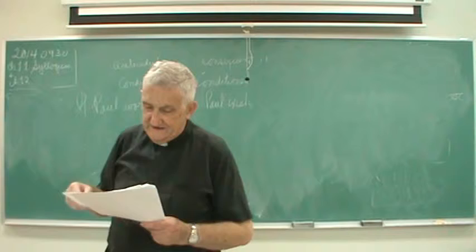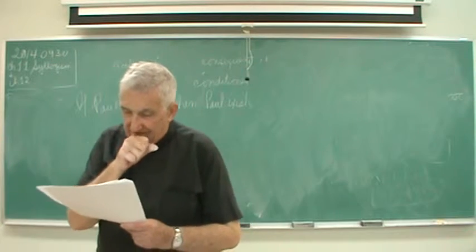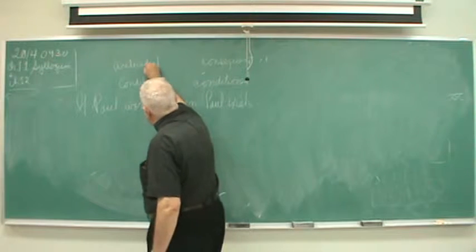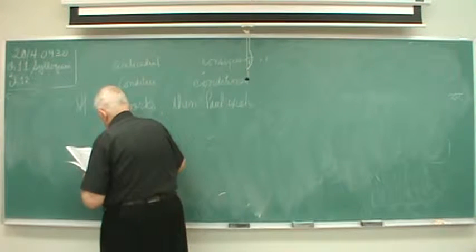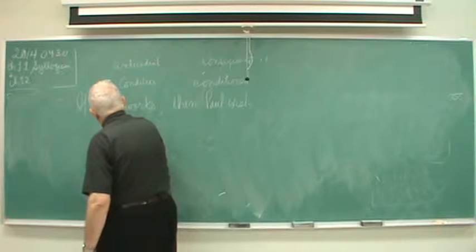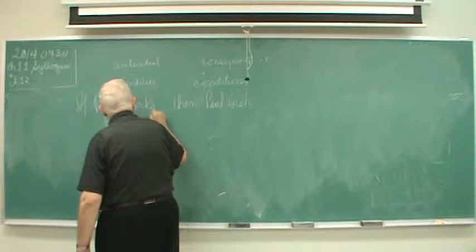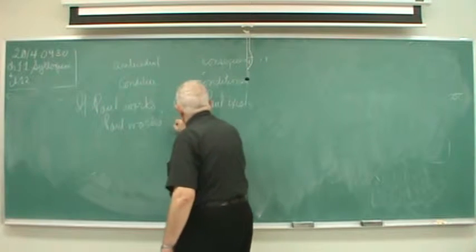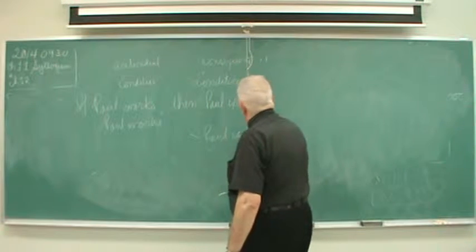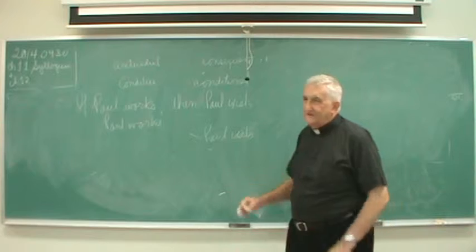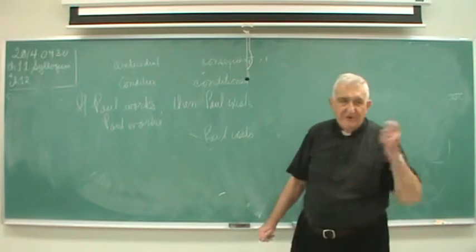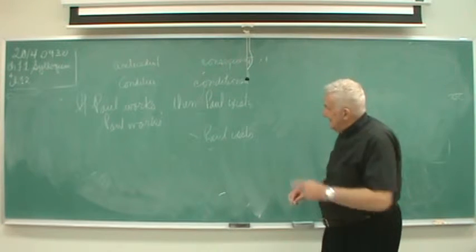There is a mistake in the text. Okay. So if Paul works, that is the condition, that is the antecedent. Or we say sometimes that is the cause. Paul works. Therefore, Paul exists. I will work with that because if you understand that, you understand all the rest. Sometimes that seems complicated, but you have to refer all the time to a simple example. That is a simple example.